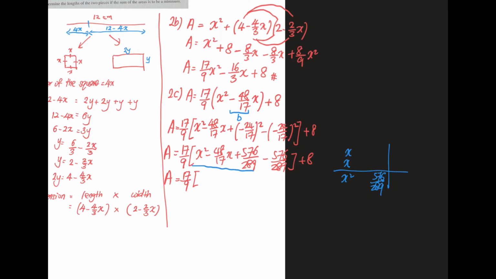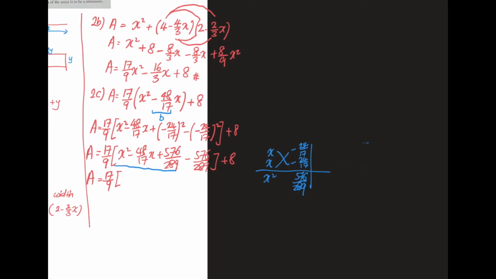This is a big value. Two numbers multiply to get this. What values are we going to use? We always use the one before you square, so we always use minus 24 over 17 and minus 24 over 17.